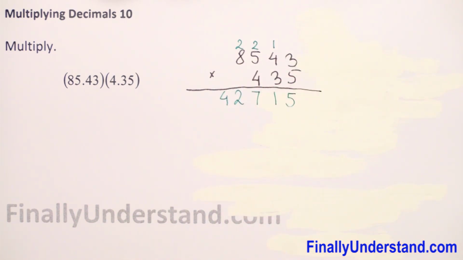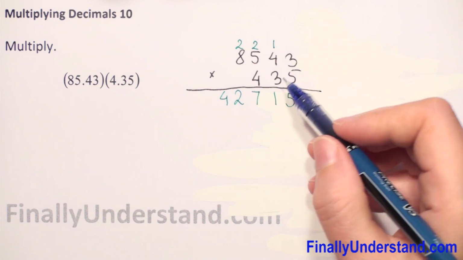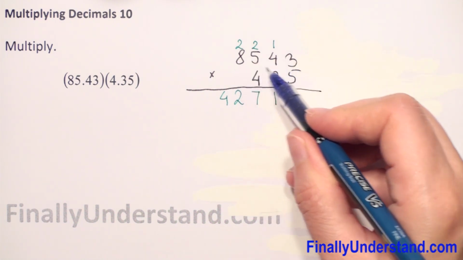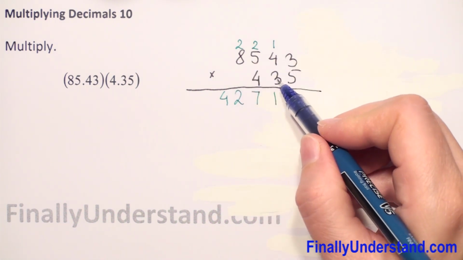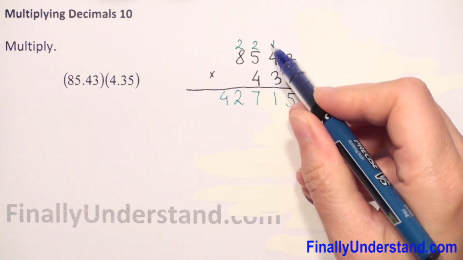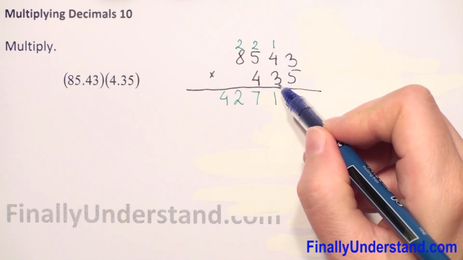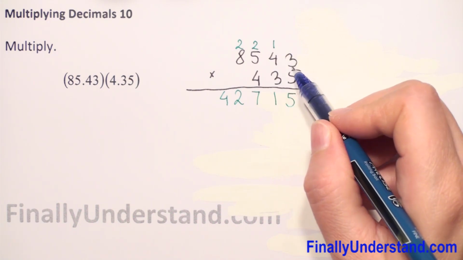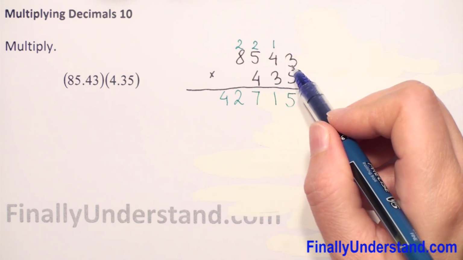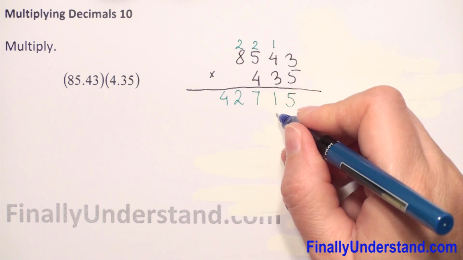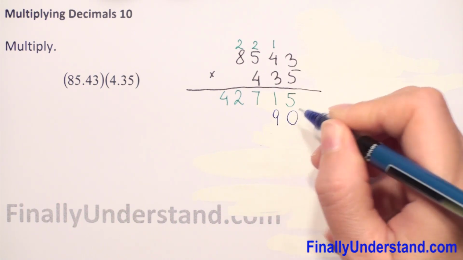And next we have to multiply 3 by every digit in the first row, and because 3 is in the second row, so this is the tens column, we have to remember that this is like 30 times 3. 30 times 3 is 90, so we write 90.